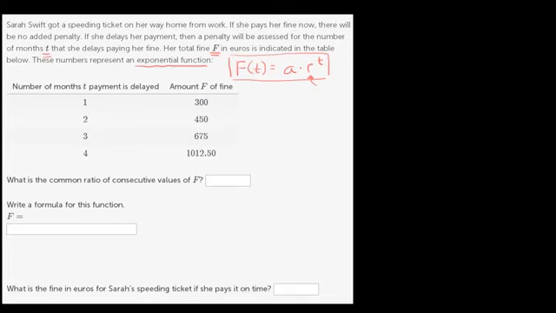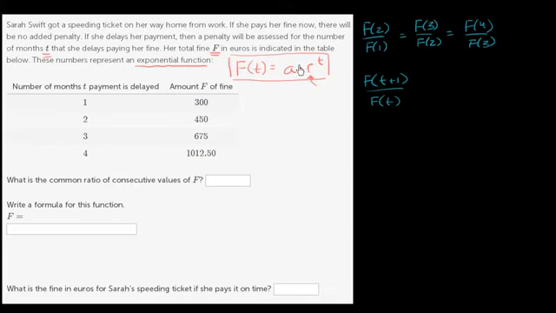The ratio of f of 2 to f of 1 should be equal to the ratio of f of 3 to f of 2, which should be the same as the ratio of f of 4 to f of 3. Or in general terms, the ratio of f of t plus 1 to f of t should be equal to all of these things. That would be the common ratio.